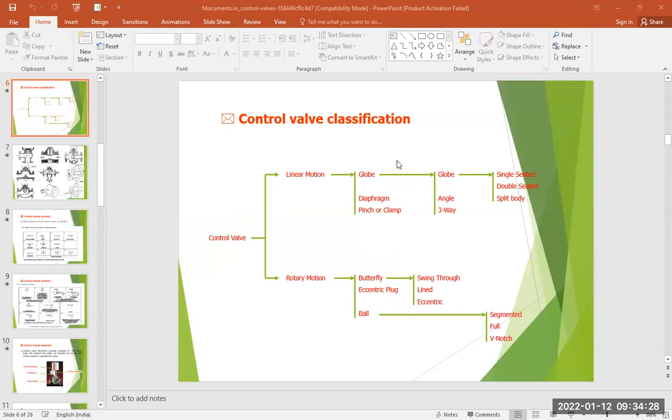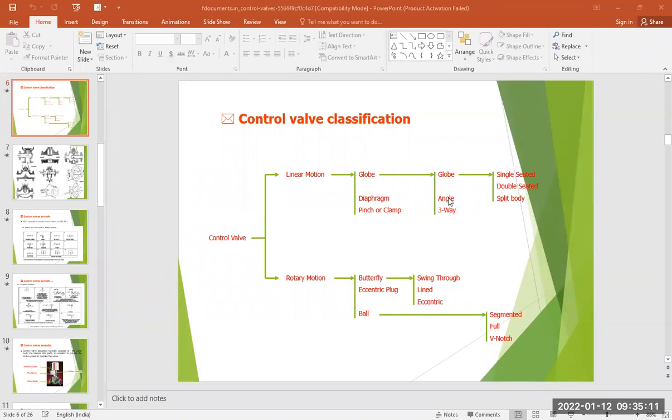So these are basically the classification of control valves. First, we classify into two categories: linear motion and rotary motion. Linear motion is further classified according to application: globe type, diaphragm or pinch or clamp type, three-way and four-way globe valves, and angle type.